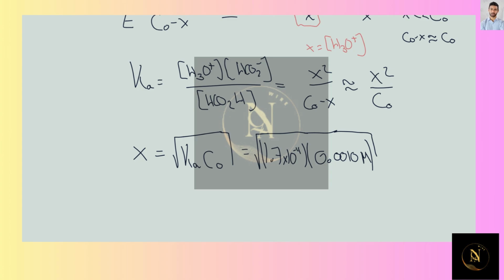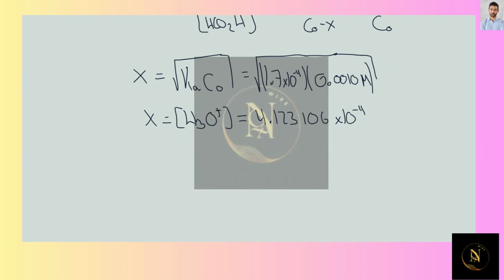Doing this operation, we find that the value for x, which as we mentioned is the concentration of H3O+, is equal to 4.123106 times 10 to the minus 4, which corresponds to a pH, which is the minus logarithm of the concentration of H3O+, equal to 3.385.